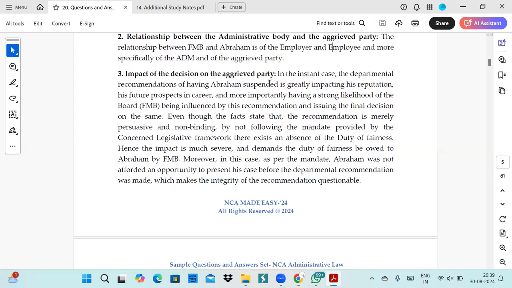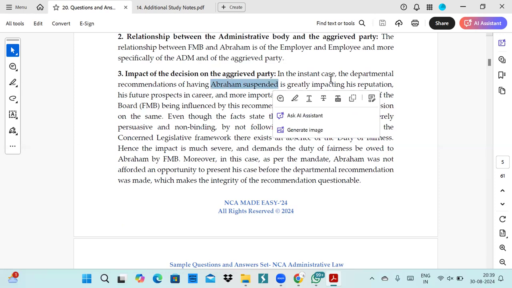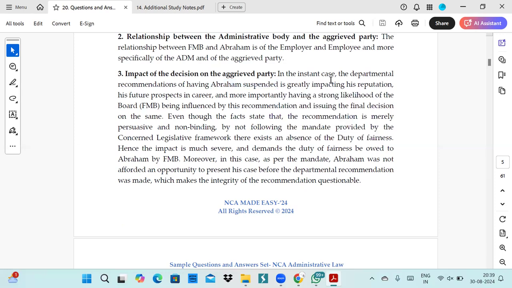So some kind of creative imagination also is required in writing answers. I would say a kind of story writing creativity you need, a little bit, at least 2%, to say that somebody is getting suspended means, of course, his reputation is getting affected, right? So those kind of things. So imagine practically and think that agar aapka client hota, like if you are representing this guy, what would be your final argument before the court, right?